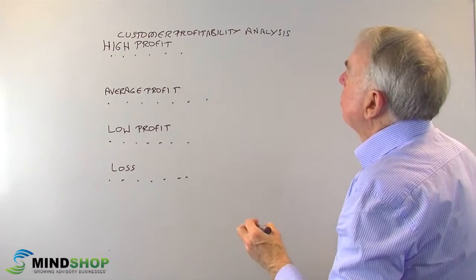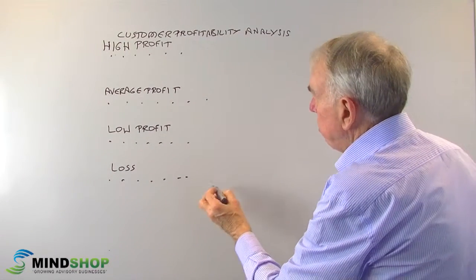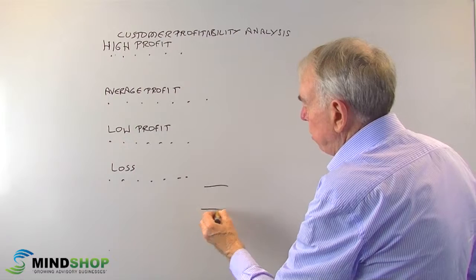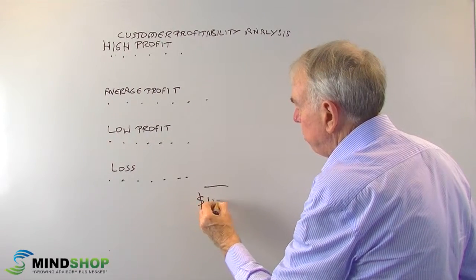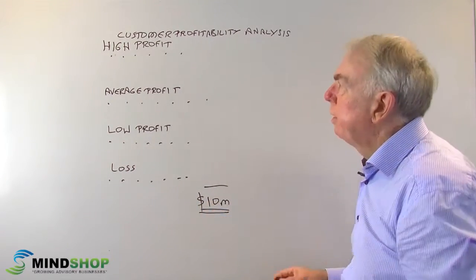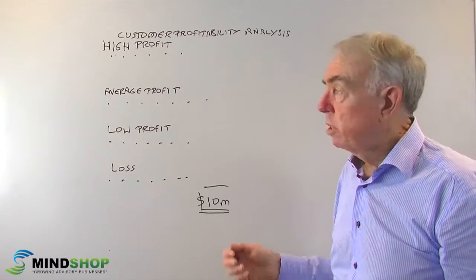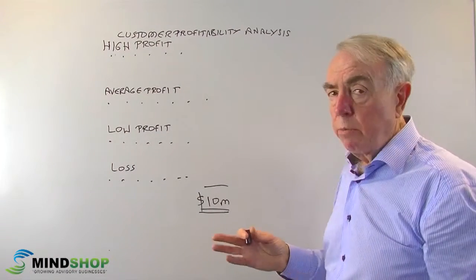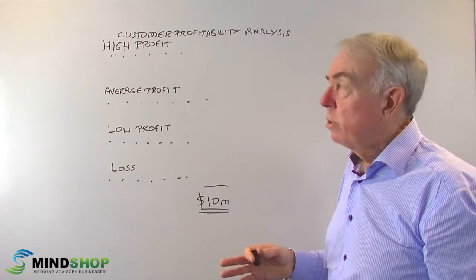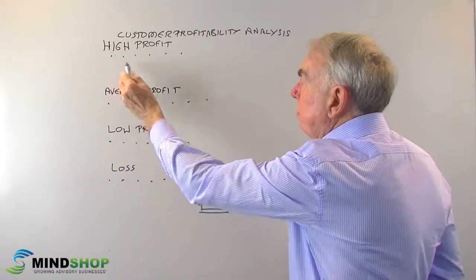And then, say the sales are 10 million, that's the revenue, you then say to your client, okay, who are the high profit customers, how much are they? Sometimes they can tell you pretty quickly, other times it takes a bit of time and you might have to write in various amounts there.